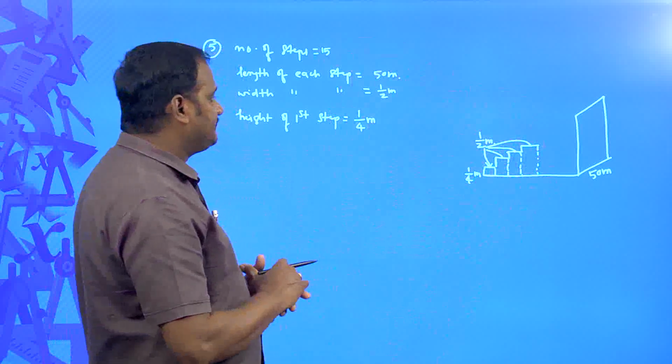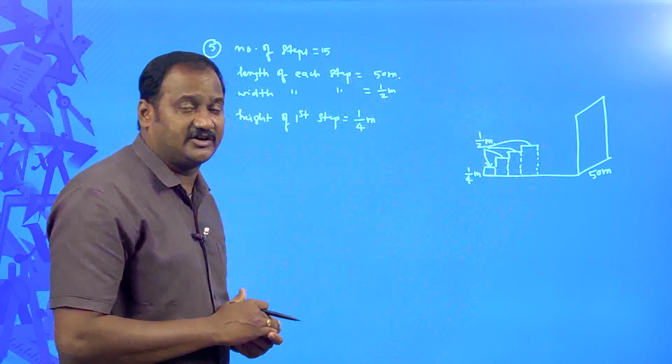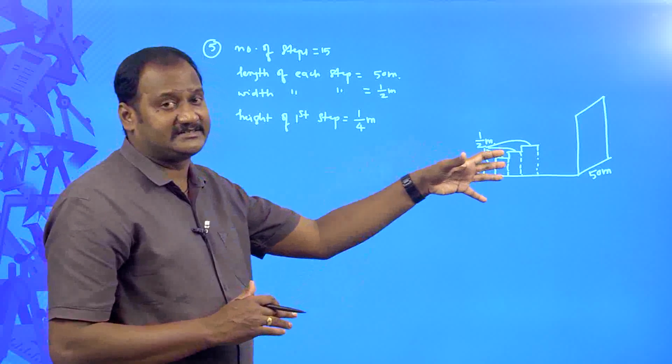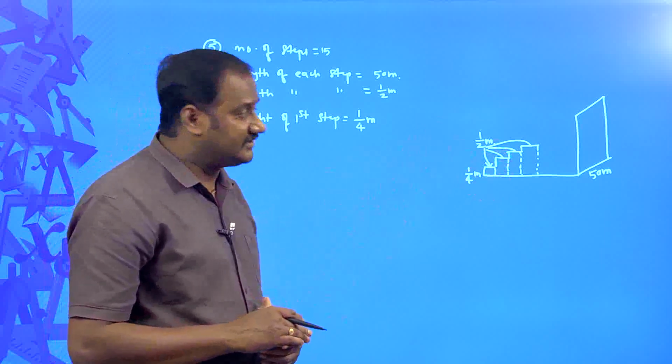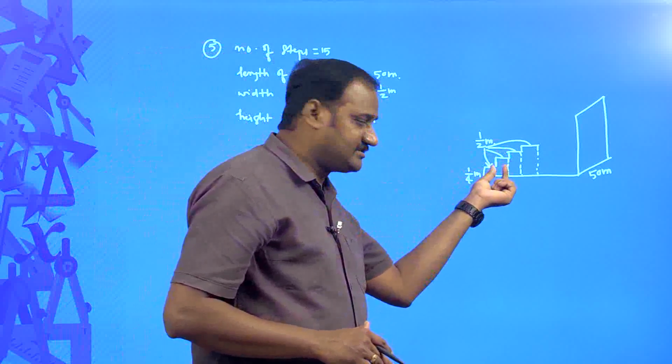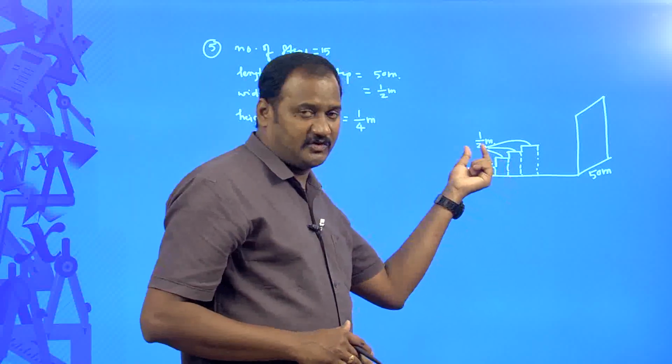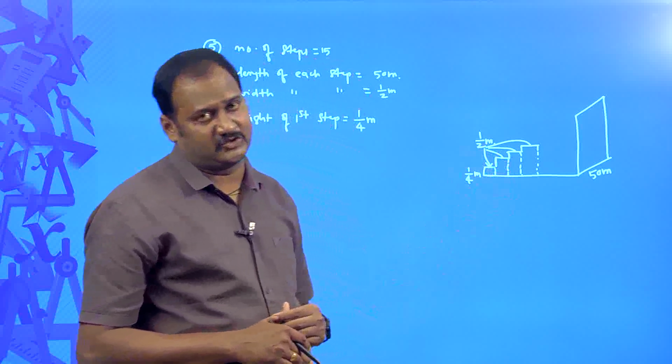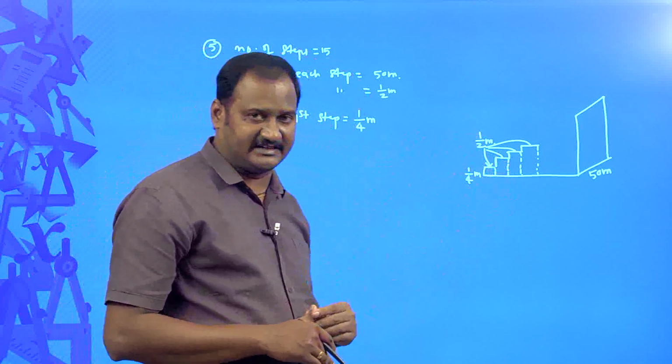In this problem finally we have to calculate the total concrete required to build this terrace. For that you need to find the volume of each step. The volume of a step is in the form of a cuboid, because length, width as well as height are there.